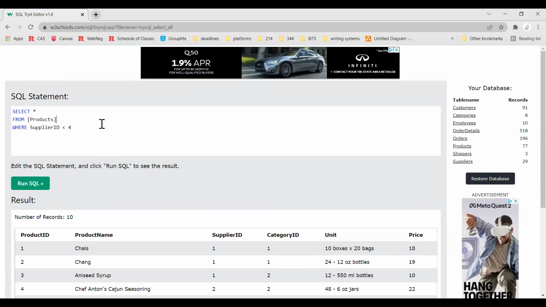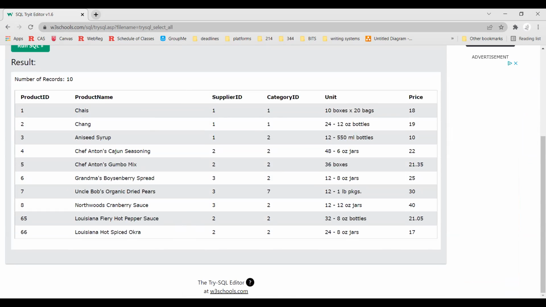Or you can go for the long way and supplier ID equals 1 or supplier ID equals 2. And you can see we have the same results.